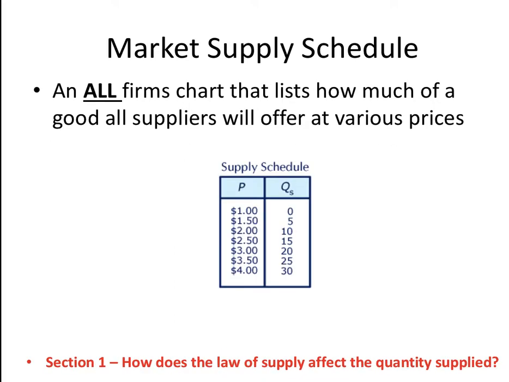A market supply schedule is all firms within an industry. If I wanted to find a particular industry, let's say shoes, in a particular demographic area, say St. Paul, Minneapolis, I could go to every shoe store and build a market supply schedule to identify what the price points are, what suppliers are offering at various prices, and how much they're supplying as well.